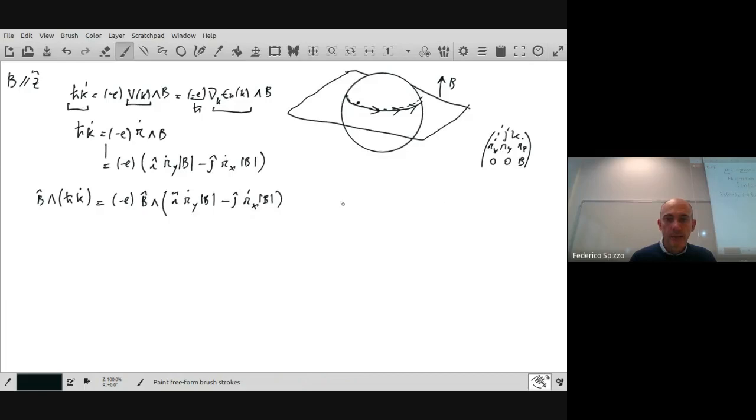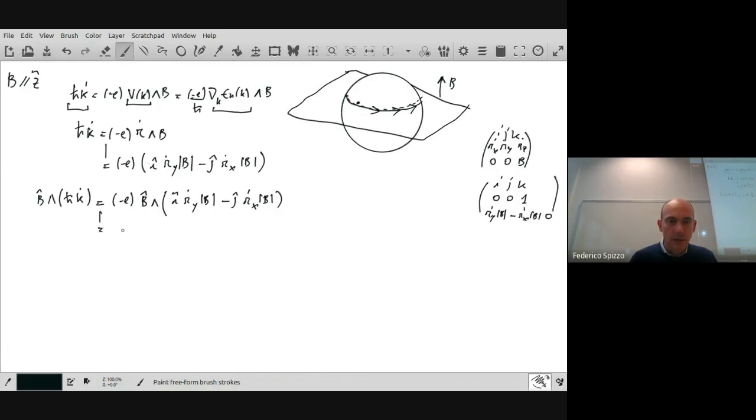And when we make this product using the same method, so we have i, j, k, the three components of B versor are 0, 0, 1, because we have just the versor, and then we have r prime y B modulus, minus r prime x B modulus, and 0.